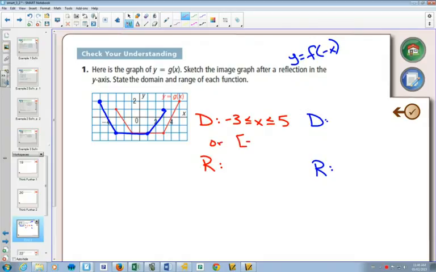In interval notation, you would just write from negative 3 to 5. The range goes from negative 2 all the way up to positive 2. And there we have both parts.